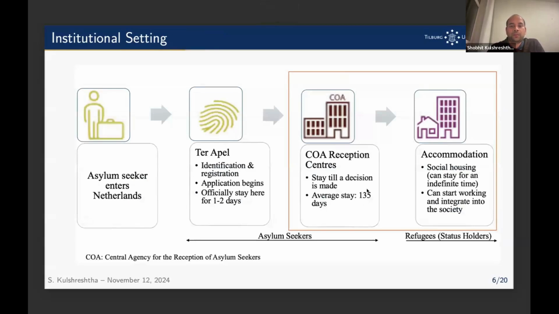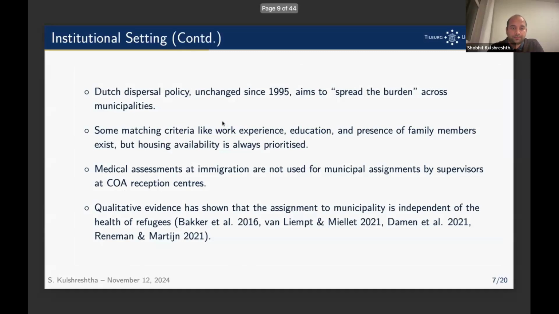The decision on where to send them to a municipality after their application gets a positive response is made by the supervisor at the reception centers, and they do not use this information about the medical assessment that happened in Ter Apel.